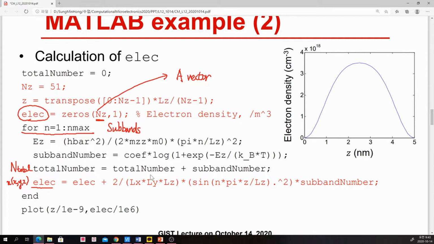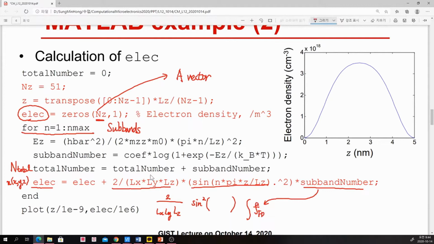And you can find that here this is just 2 over Lx, Ly, Lz, and here we have the square of our wave function times n for each subband. This n is the Fermi-Dirac function integrated over our energy.